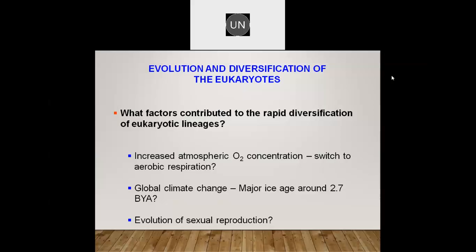Evolution and diversification of the eukaryotes. What factors contributed to the rapid diversification of eukaryotic lineages? They are increased atmospheric oxygen concentration, a switch to aerobic respiration, global climate change, a major ice age around 2.7 billion years ago, and the evolution of sexual reproduction.